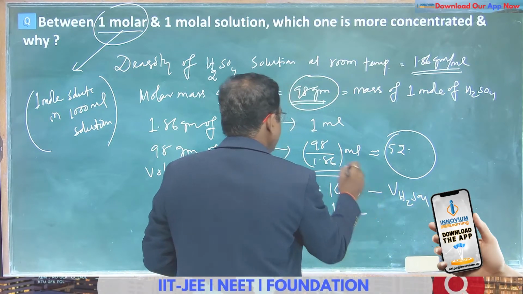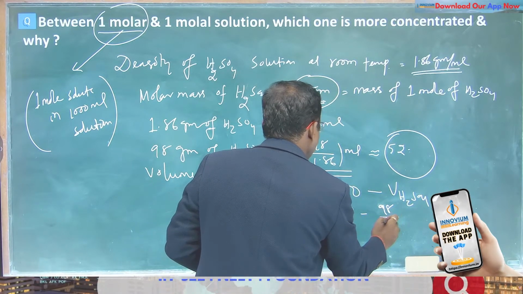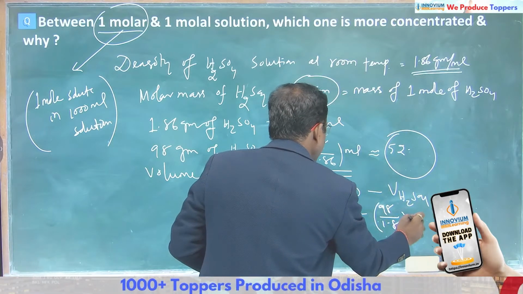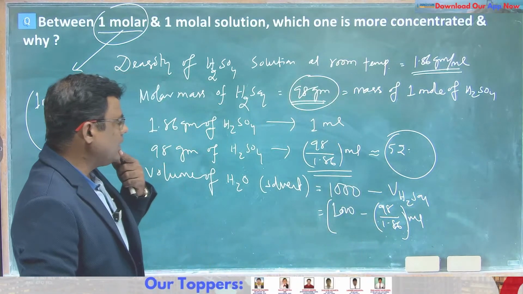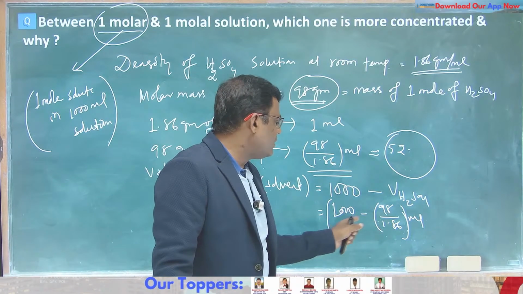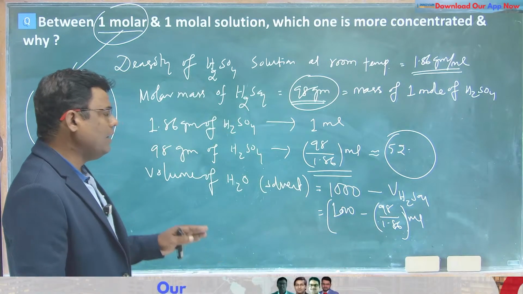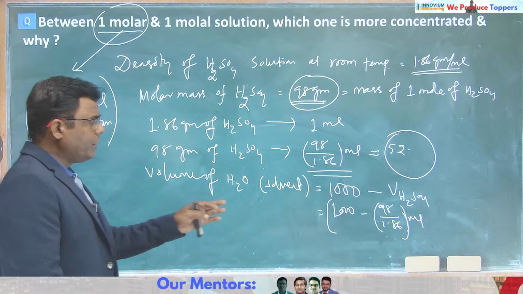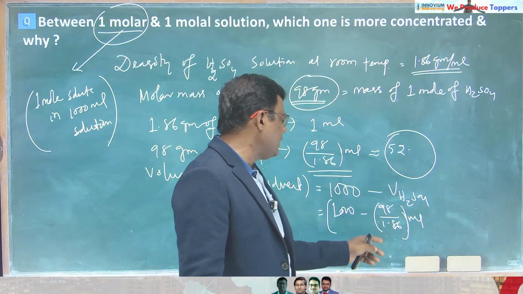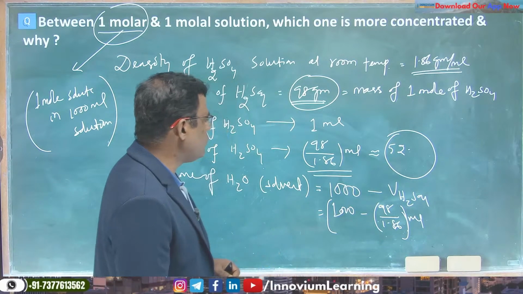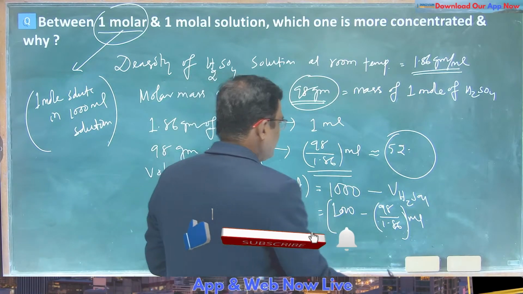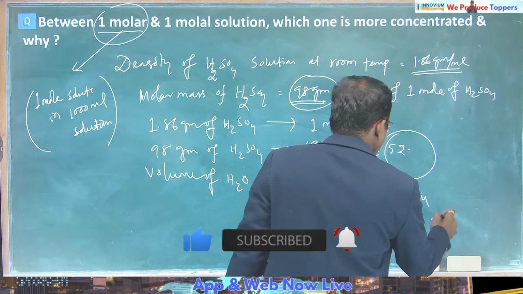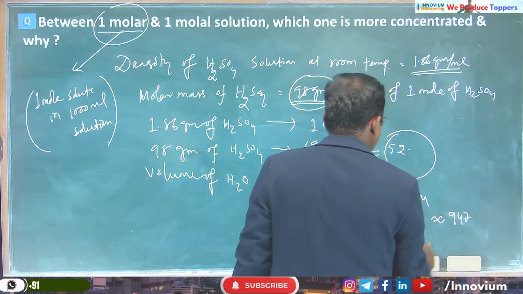This is 1000 minus 98 by 1.86 ml. So this much in ml. Now you see this result will be definitely less than 1000. If we consider this value as 52 point something, then this result will be 900 something, around 947.